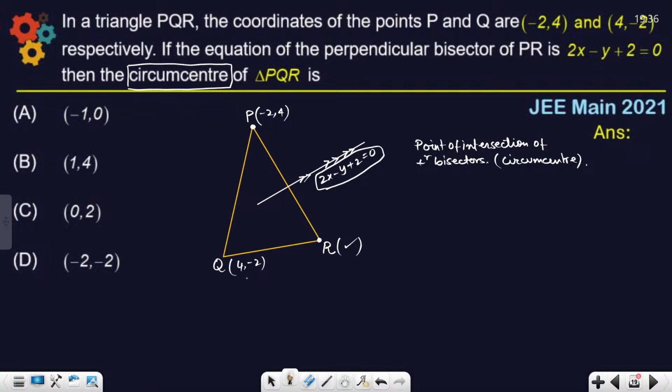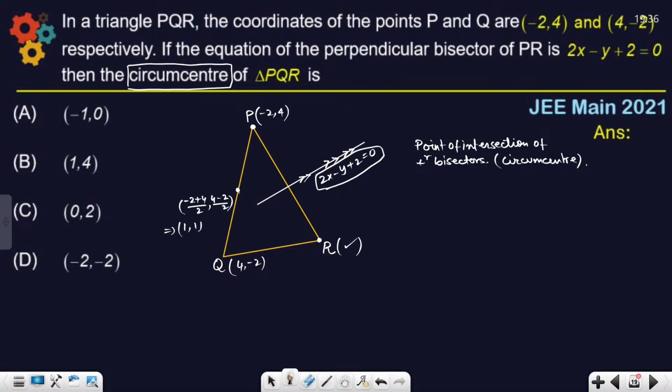Okay, but unnecessarily I will not go for finding out this R. Since your P and Q are both given, I can easily find out its midpoint. What will be the midpoint of PQ? It is coming to basically 1, 1, right?